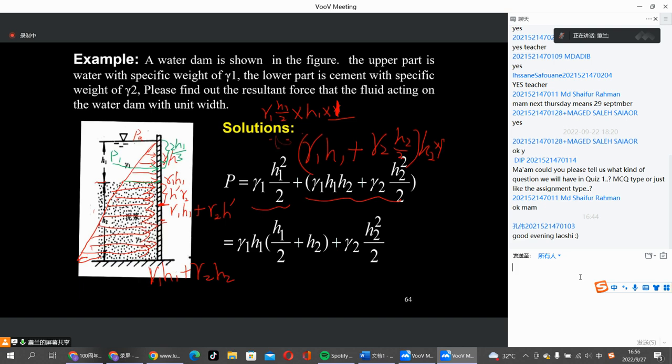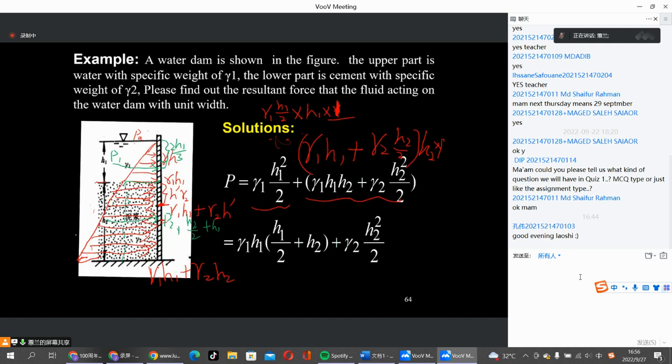How about this trapezoid? For the trapezoid, we have dealt with it a lot of times, right? We can split it into two parts. One is uniform pressure loading, one is triangular pressure loading. For this uniform pressure loading, we know P2, and the acting point is the center of this cement segment. So the distance will be half H2 plus H1, right?